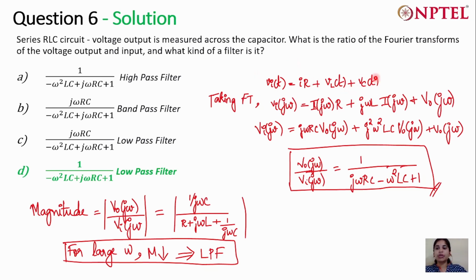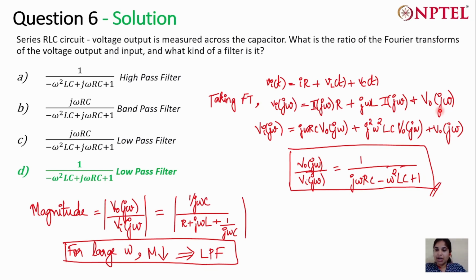Taking the Fourier transform of this expression, Vi of j omega is I of j omega into R plus, for inductance, as we saw previously, j omega L into I of j omega. For capacitance, I am keeping it as V naught of j omega. Why? We are seeing the voltage output across the capacitor. So, since we are seeing the voltage output across the capacitor, Vc of t, I am keeping it as V naught of j omega.